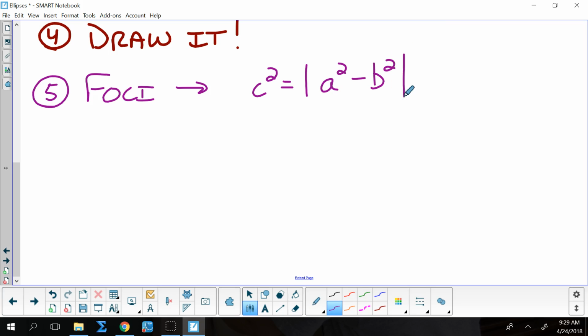Where C is the distance to the foci from the center. Okay? And then if our major axis is vertical, we're going to add and subtract that C value to the Y part, to the K, if you will. And if our major axis is horizontal, we're going to add and subtract that to the X part of our center, or the H value.